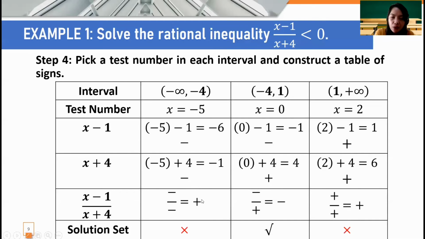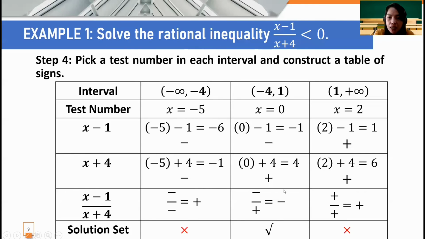So the sign na nakuhaan natin are, in the first interval, if you're going to use this interval, all the numbers in this interval, kapag sinubstitute sa given na rational inequality, ang lalabas ay mga positive numbers.